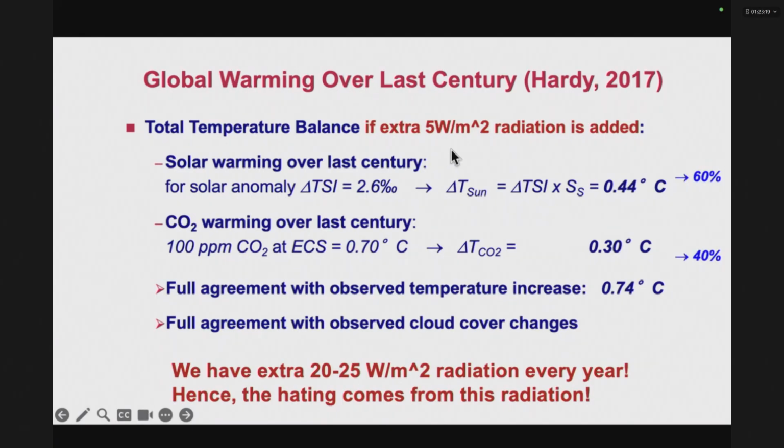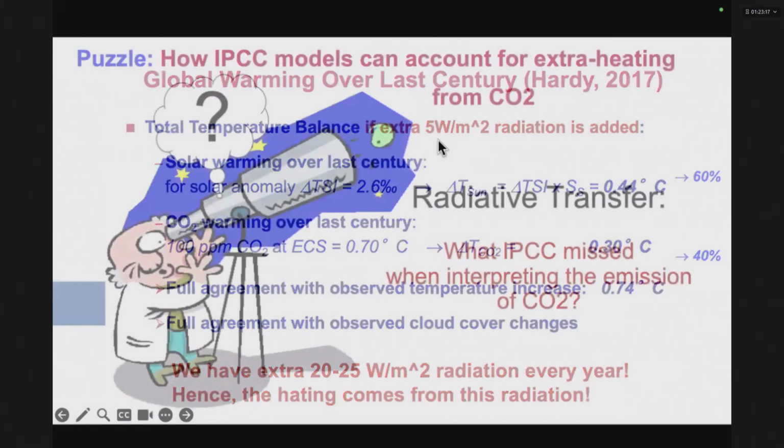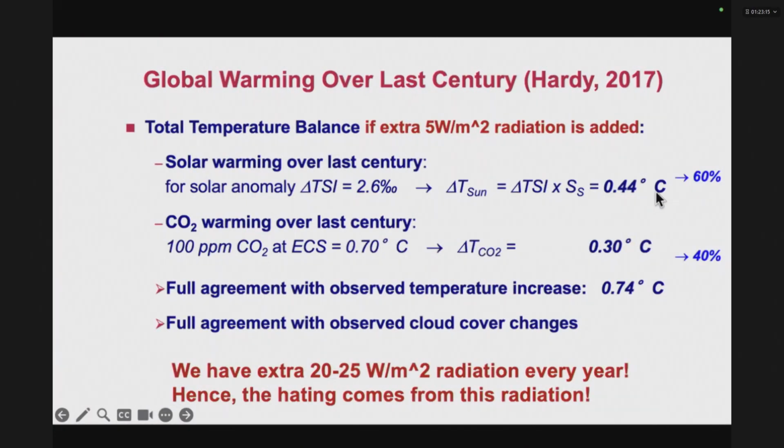It turned out that an increase of only 5 gives a temperature increase of 0.44%, 60% of it by the sun. And then in their own models, it would be an increase by CO2 of 40%.